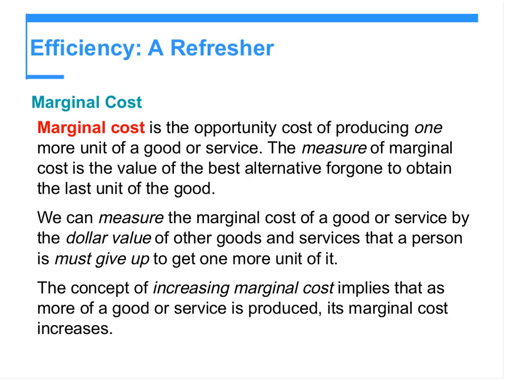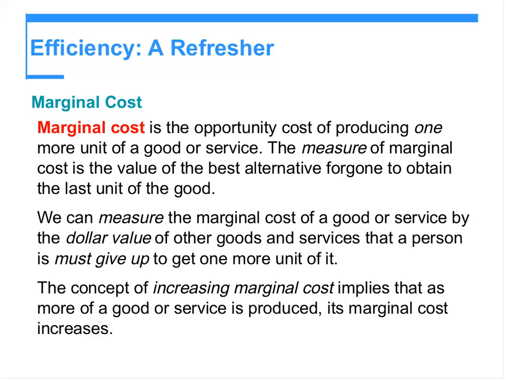What you are giving up to make another product in the same range that we're talking about, that will be the marginal cost of that product. We can measure the marginal cost of a good or service by the dollar value of other goods and services that a person must give up to get one more unit.